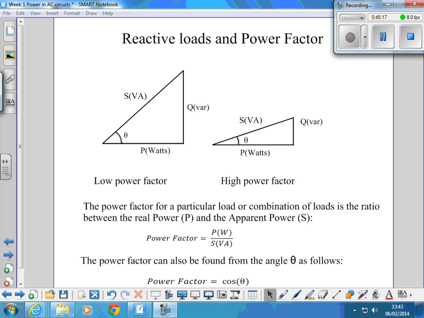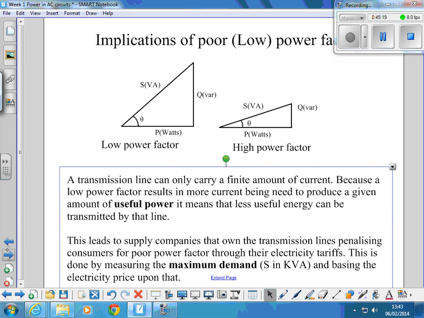So just moving on, implications of poor or low power factor. We already discussed these two triangles and that we need more current where we've got a low power factor than where we've got a high power factor.